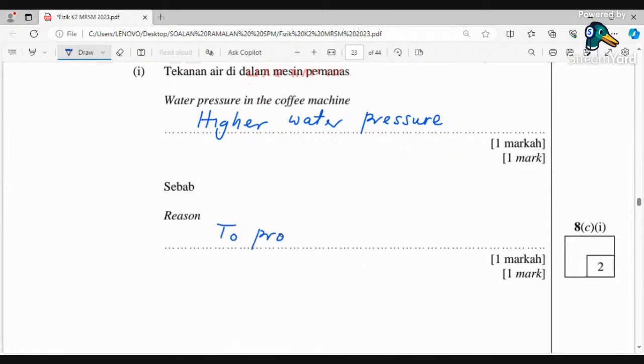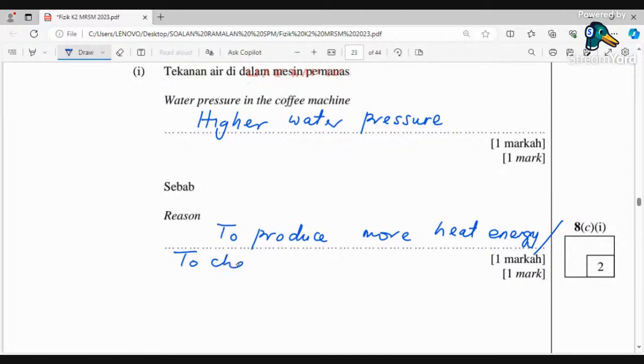To produce more heat energy. Okay, ada banyak jawapan yang boleh terima.